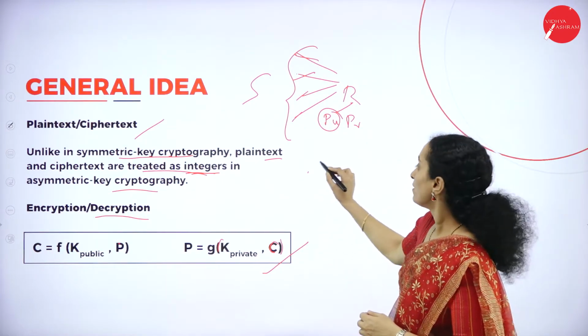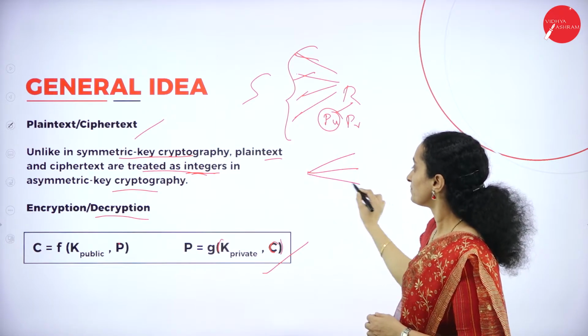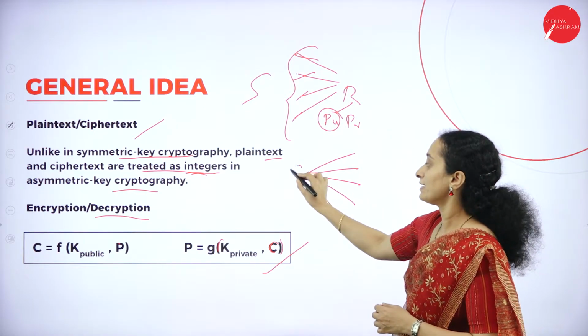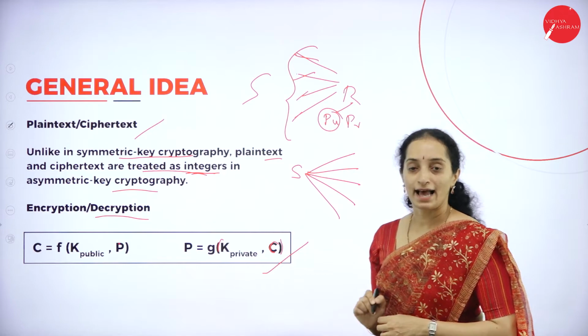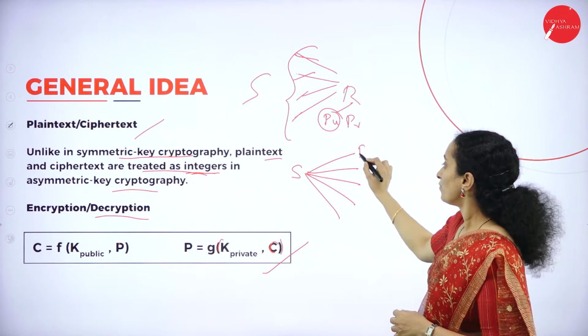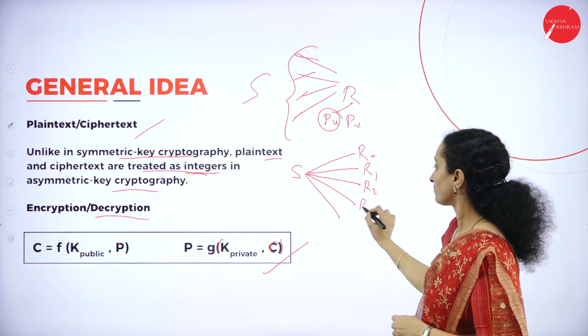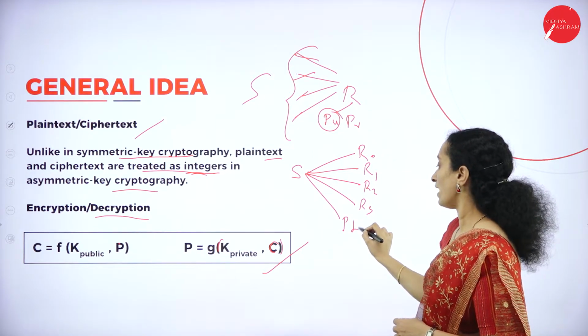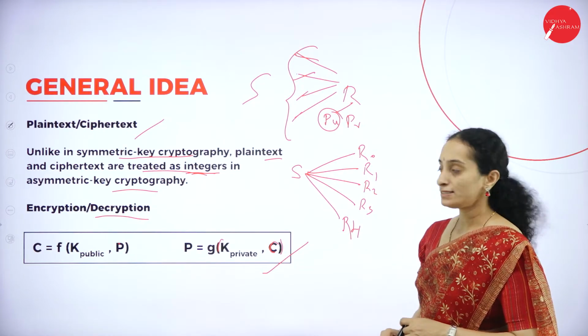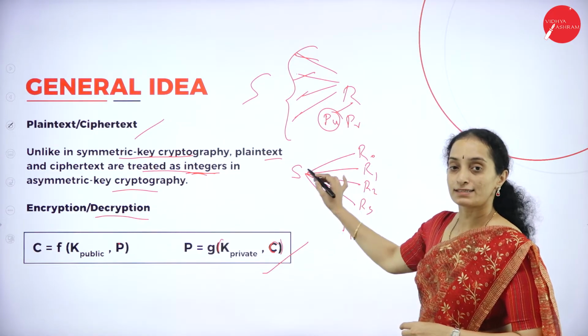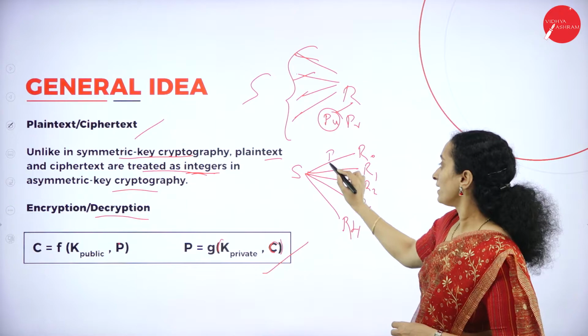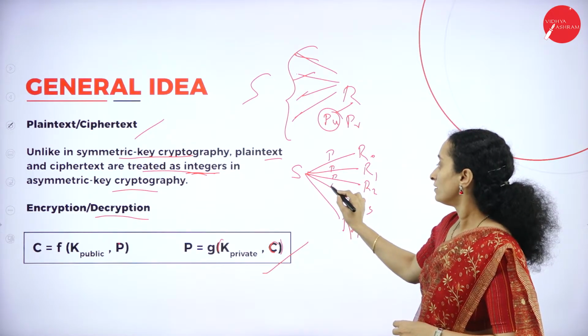But if it is one to many, if the sender is one and it has to broadcast the message to 5 receivers, the sender must receive a public key from all the 5 receivers.